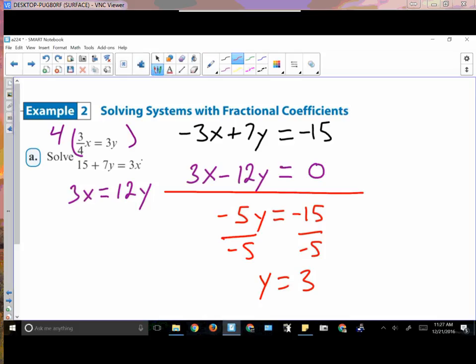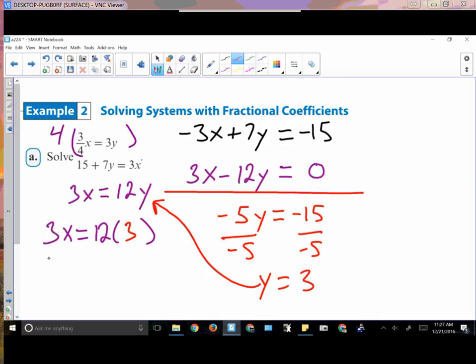Now remember when I said that I could put this in any place that I wanted to solve, correct? I could put it up here, I could put it here, I can even put it here. And since I don't have to mess with that fraction, I'm just simply going to put it in up over here. So I'll have 3x is equal to 12 multiplied by the y. Well, what's y? 3.